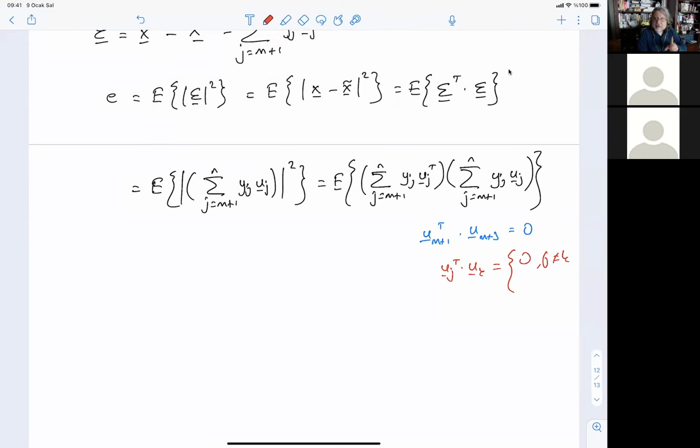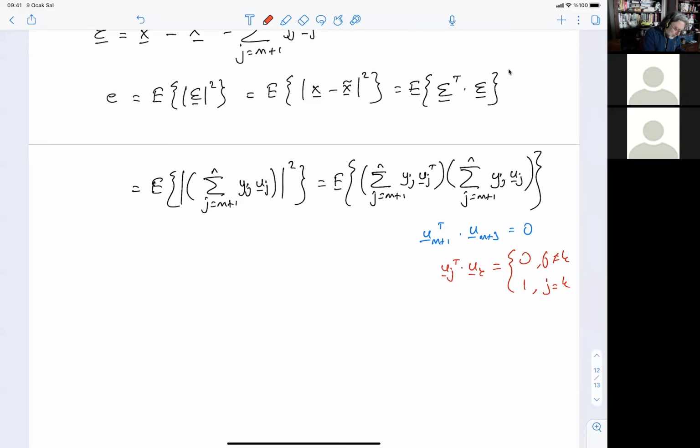And this multiplication, however, becomes 1 when j is equal to k. So if j and k are the same, not the cross terms, but the term with the same index, then this multiplication becomes 1. That is orthonormal behavior, right?